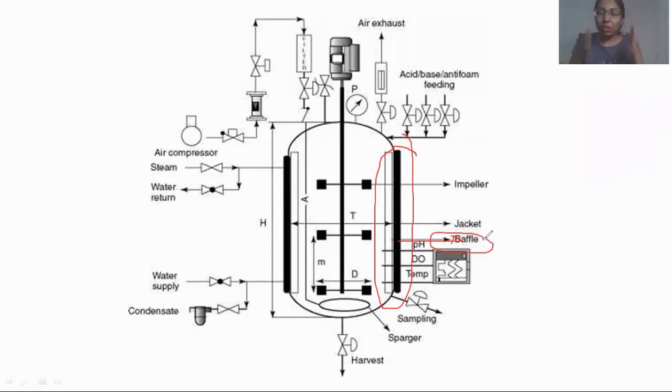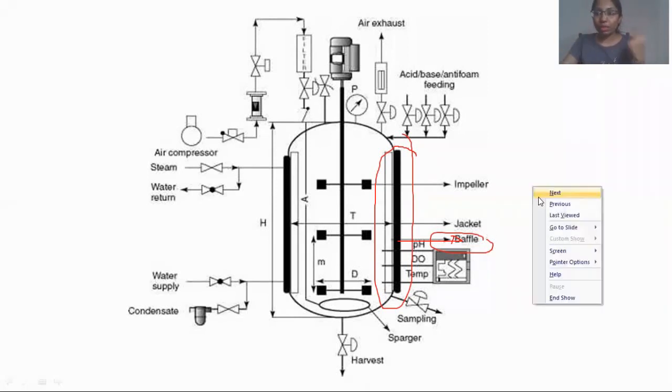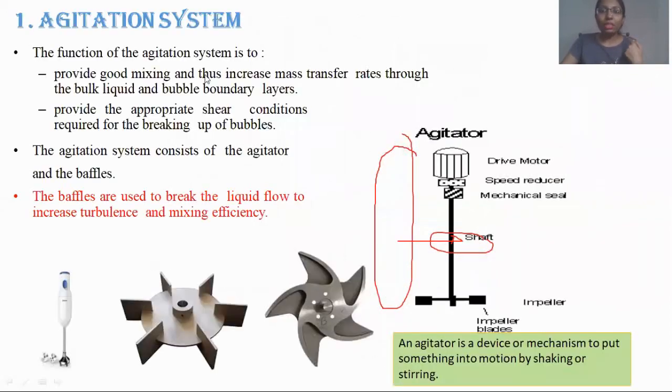Actually they are support, but whenever the rotation is taking place, foam forms, as you have seen at home when whisking buttermilk. The more you rotate it, the more foam takes place. So the baffles are going to break that foam formation, the excessive vortex formation that is taking place. I hope it is clear till here.